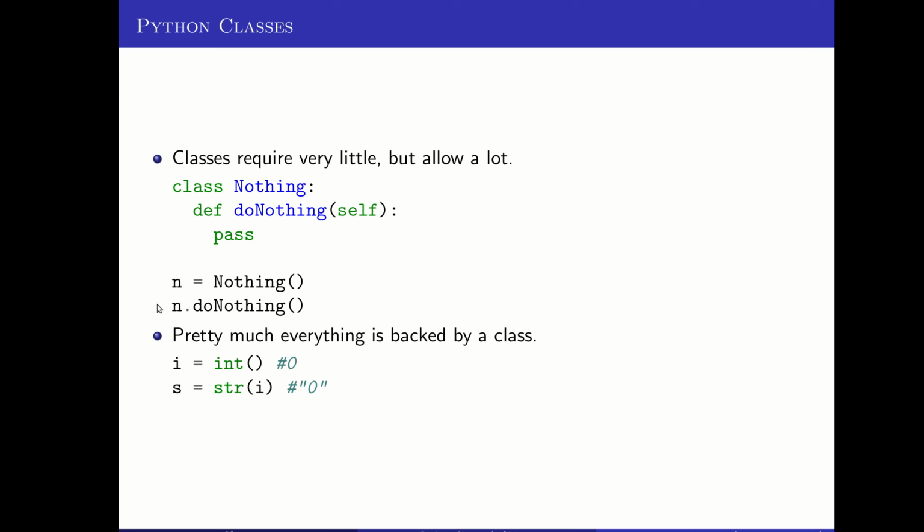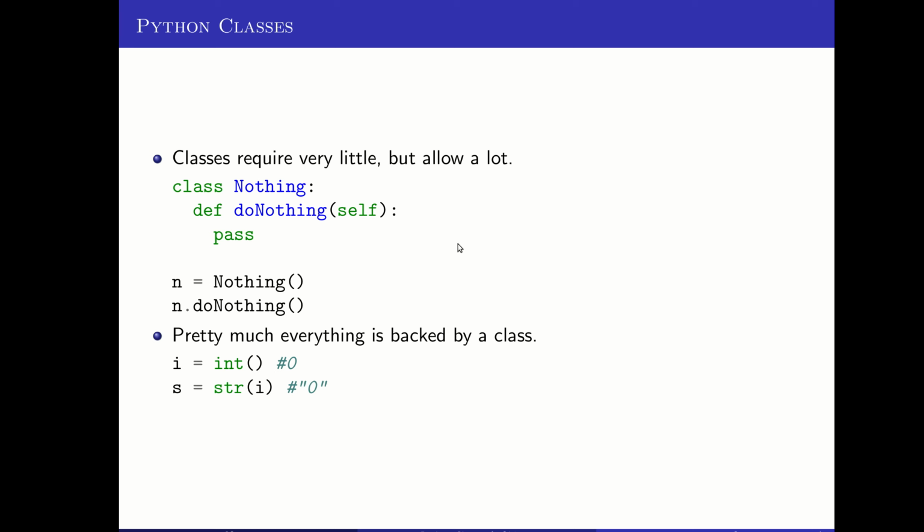And then we call n dot do nothing, which will simply do the pass here and do nothing. So this is all valid Python. Not very interesting. We could put a print statement in here to confirm that it's actually validly calling that do nothing, but then it would be a bit of a bad name for it, wouldn't it?